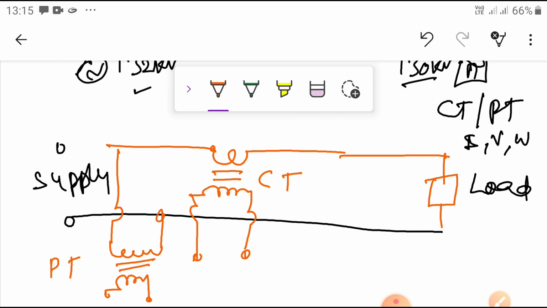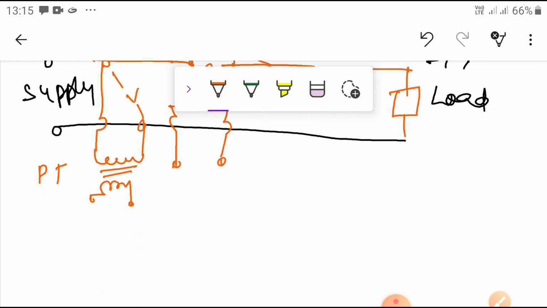It will measure the voltage between these two. It will measure the current flowing through this line. Okay, so now I am going to connect here.